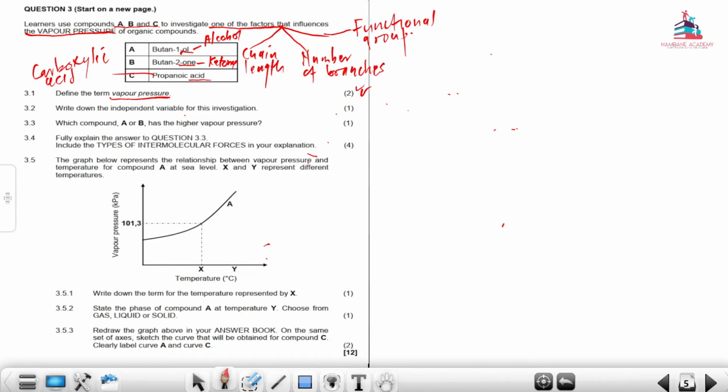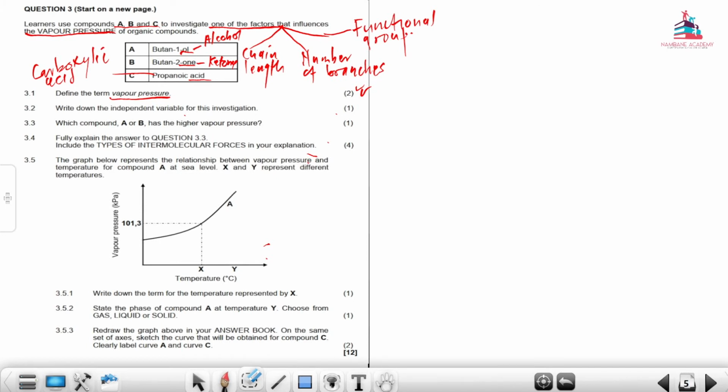So it keeps on coming over and over again. It means it's quite important for us to fully understand this definition of vapor pressure. So it's there.